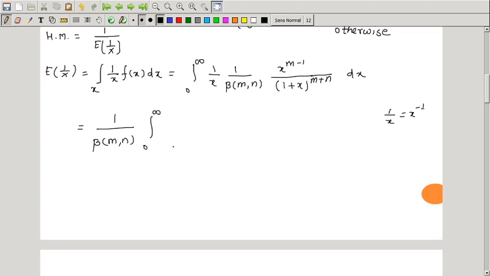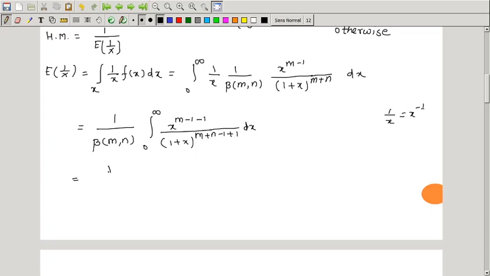So here x raised to m minus 1 and this minus 1, divided by 1 plus x. Here I add and subtract 1, so m plus n minus 1 plus 1, dx.